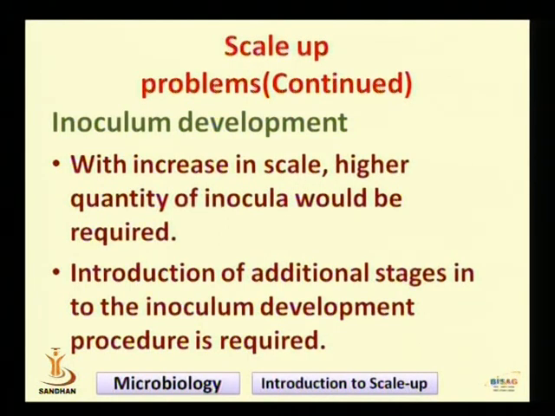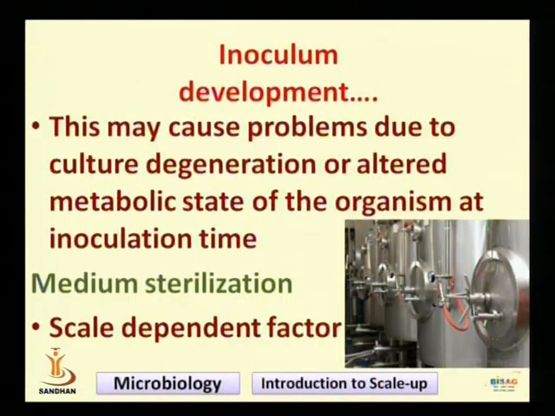So as has been elaborated slightly here, while adding the extra stages required, there is always a risk for the culture to undergo degeneration, because you know that by repeating subcultures there is always a risk of culture degeneration. The properties might be changed, might be altered, and that would also be accompanied by a change in the physiological status of the organism at the time of inoculation.